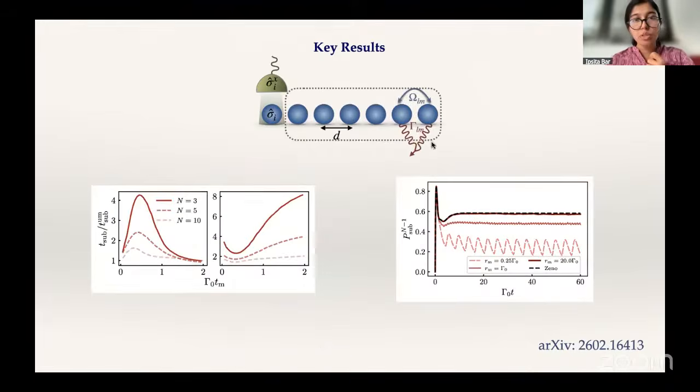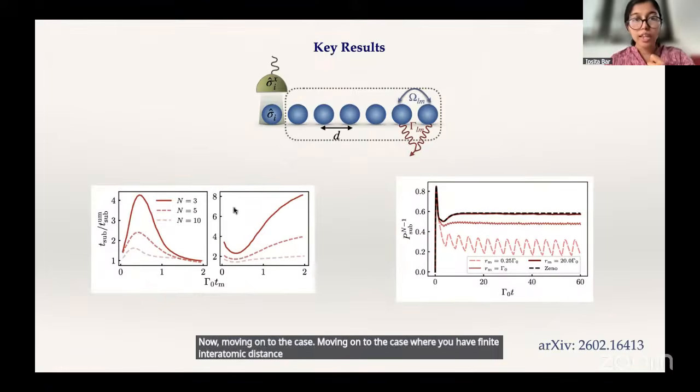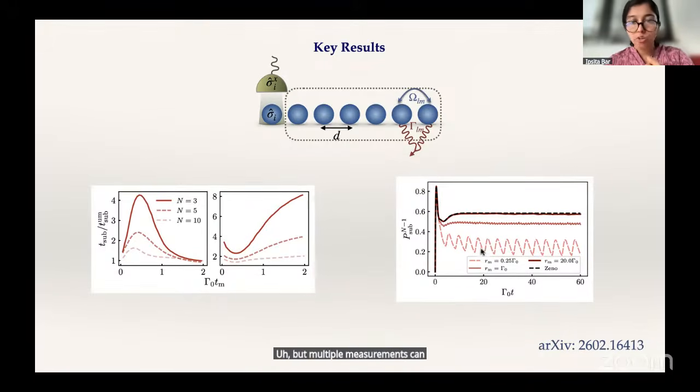Now, moving on to the case where you have finite interatomic distance, then what we observe is just one measurement cannot sustain steady state population, but multiple measurements can. So this result on the right hand side is for multiple measurement.